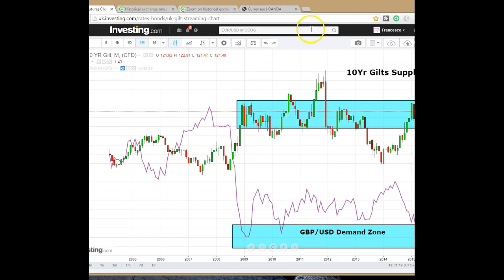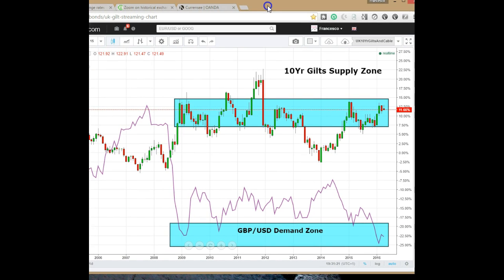So going back to our investing.com chart, again, without over-relying on the chart, this doesn't tell us that the pound is going to rally. It doesn't tell us that the 10-year gilts, which are basically the UK bonds, the equivalent of the Treasury bonds in the United States, these are the safe assets guaranteed by government.